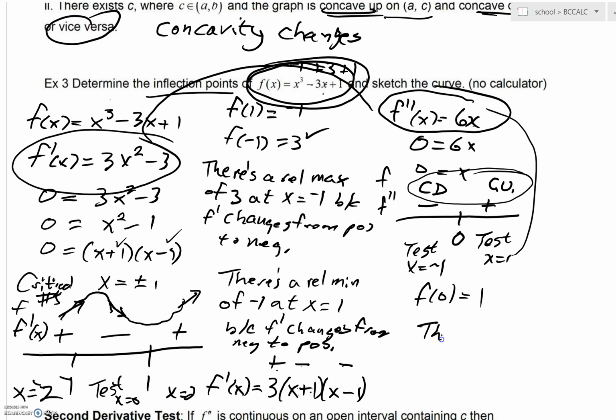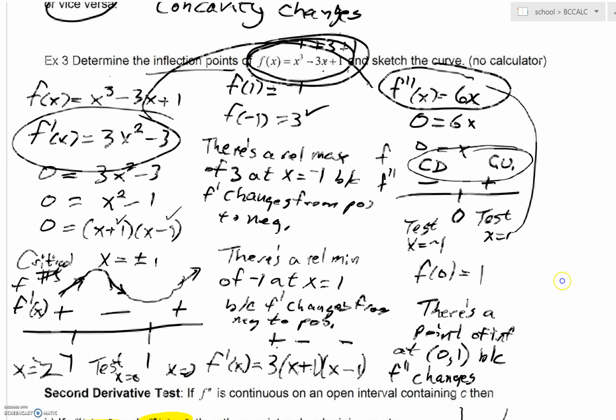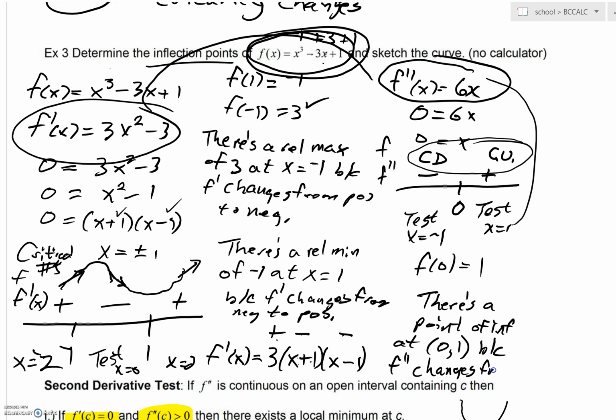So I'm going to say there's a point of inflection at the point 0, 1 because f double prime changes from negative to positive.